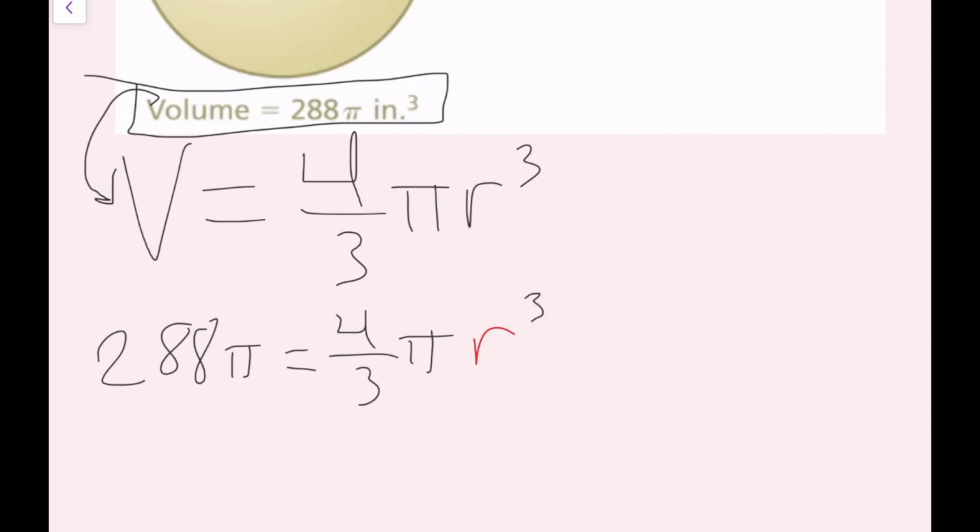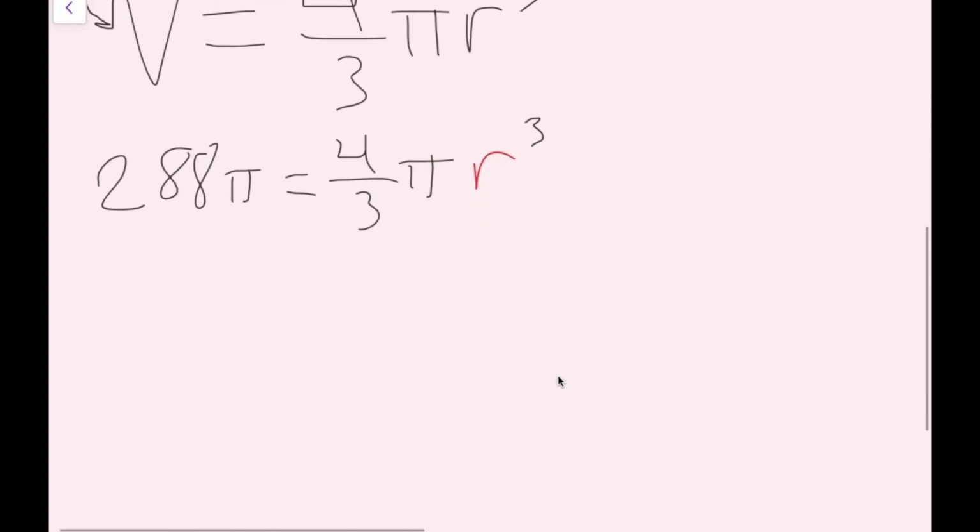So now we want to say what is happening to our variable. We are multiplying it by 4 and pi. We're dividing it by 3, or the same thing as multiplying it by 1/3. And then we're also cubing it. So we want to cancel out these operations in the reverse order of operations. So we would cancel out our multiplication and division before we would cancel out the cube right here.